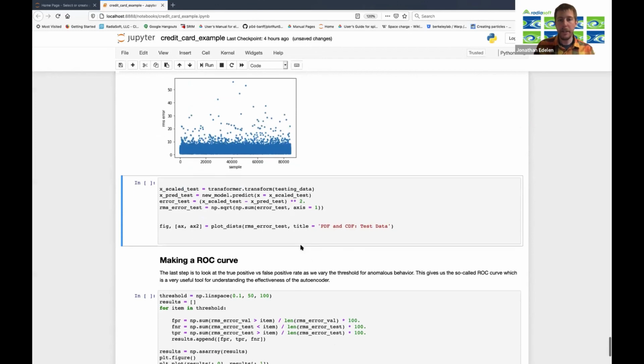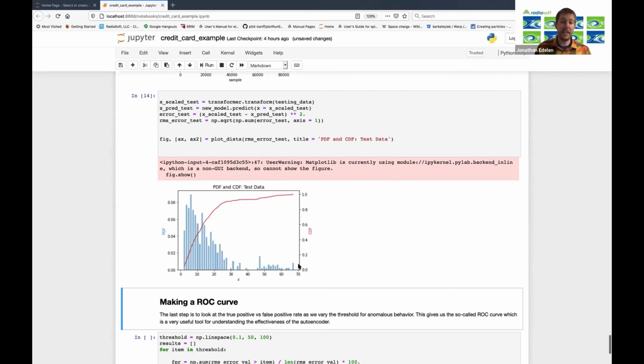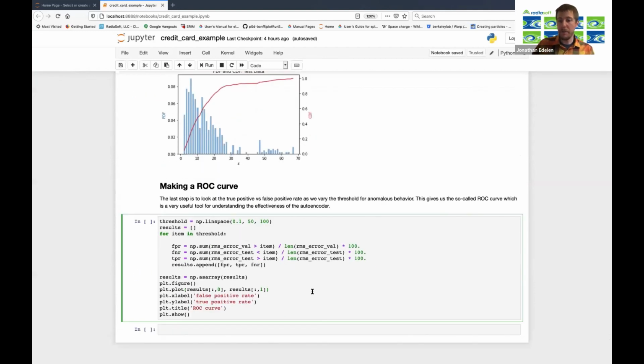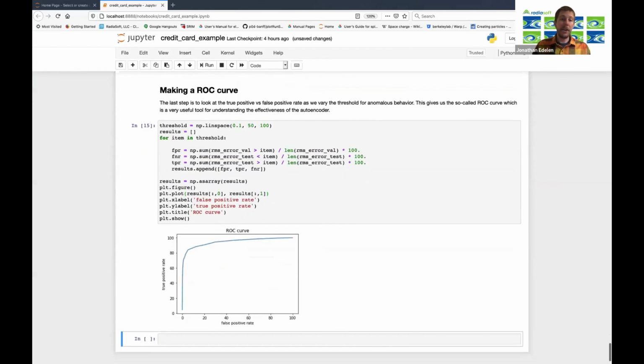And then we can look at the test data and get a visual that the test data set is a bit different from the training data set, which is good to see, because if you're going to be able to flag these as anomalous, it can't be too similar, of course.